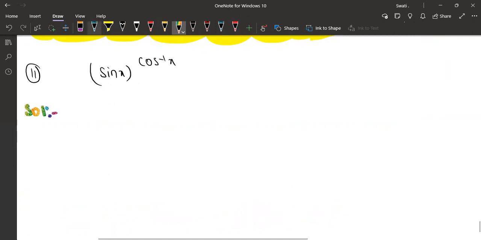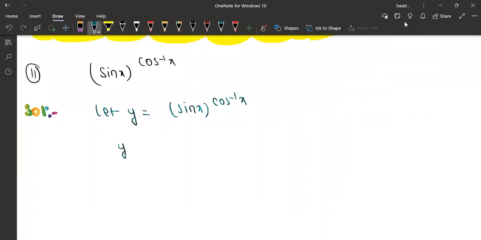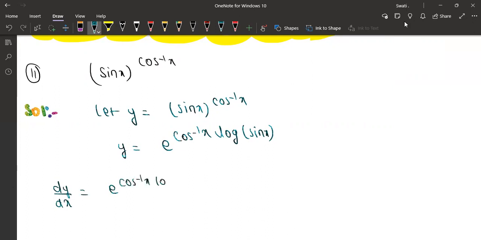Of course, we'll start with this only, let y is equal to sin x raised to cos inverse x. So we will use the property. So y will be equal to e raised to cos inverse x log of sin x. Now we'll do the derivative. So dy dx, the exponential function will be as it is, e raised to cos inverse x log sin x.